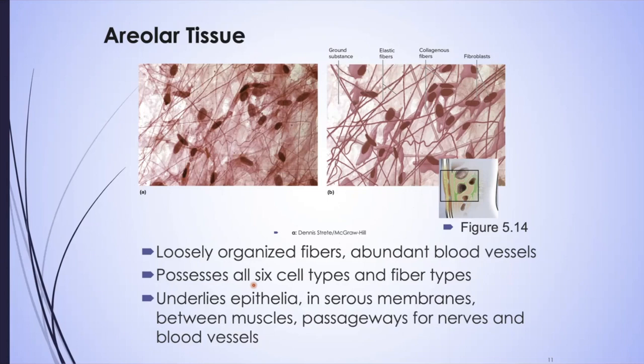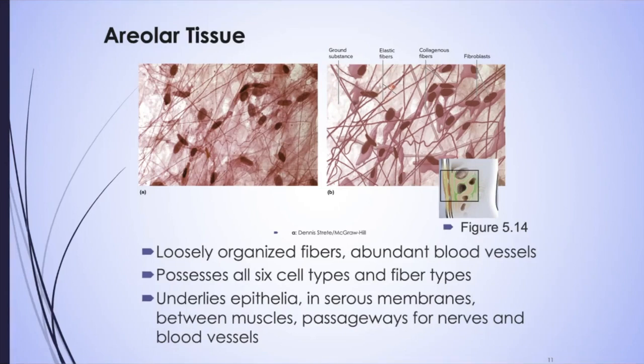It's going to underline the epithelia in those serous membranes, between the muscles, and is a passageway for nerves and blood vessels. So as you can see, this is a very used type of connective tissue. So let's look at the picture here. Here's the ground substance. Remember, the ground substance is that gelatinous type of substance.